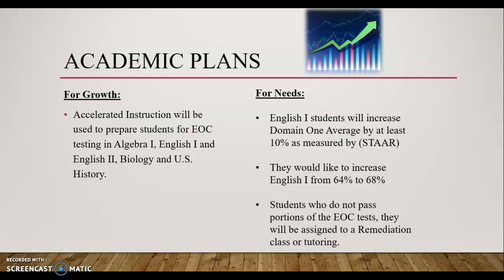Looking at the 4 or 5 main subjects between math, science, English, and history, most of those passing rates were in the 90 and above percentile, or the 80 or above percentile, but English was their lowest rate. So their goal for this is to increase domain 1 for English by at least 10%. So the whole domain in general.